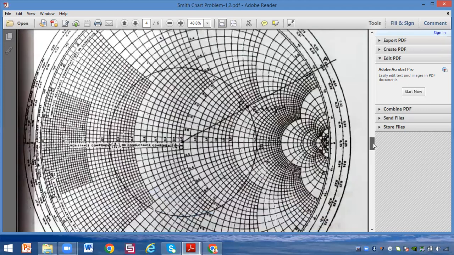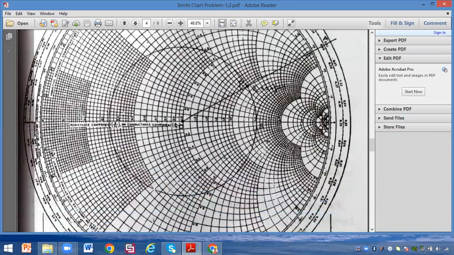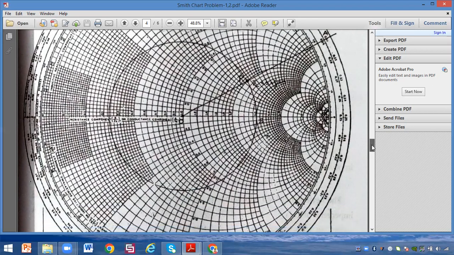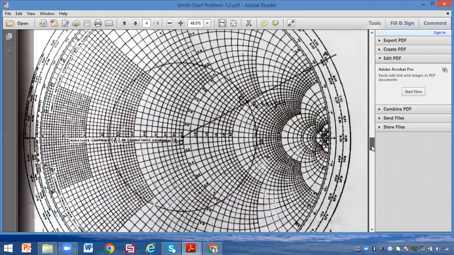Once you have drawn it, you extend this line to the periphery. Where it cuts is at 29 degrees, that is your phase angle. The right hand side of this horizontal axis represents your voltage standing wave ratio. Here the point is 3. So we can determine the voltage standing wave ratio as well as the magnitude and phase of the reflection coefficient.